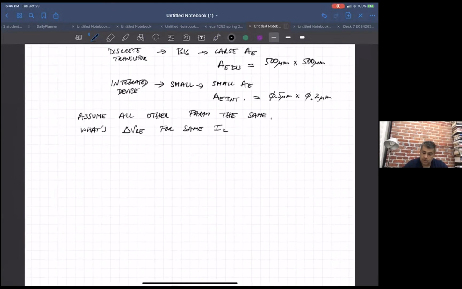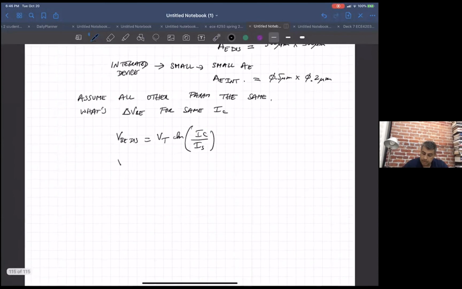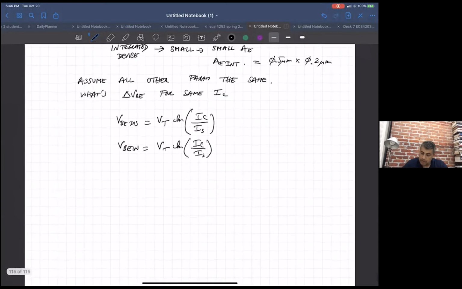Okay, so we know for the discrete, VBE is V sub t natural log of I sub c over I sub s. Okay, and the same thing for the integrated device. So this is the discrete, this guy is the integrated.